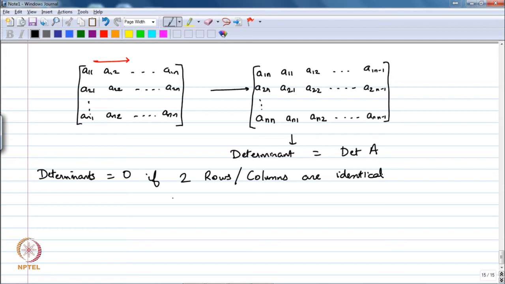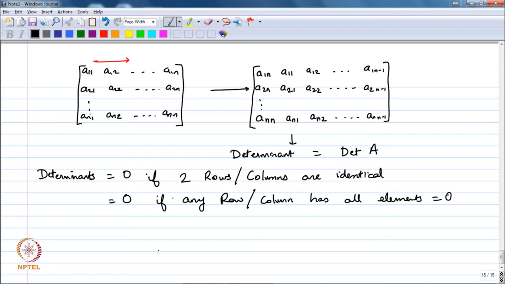If any two rows or any two columns are identical, then the determinant is 0. Of course, if any row or column has all elements equal to 0, then the determinant is also equal to 0.